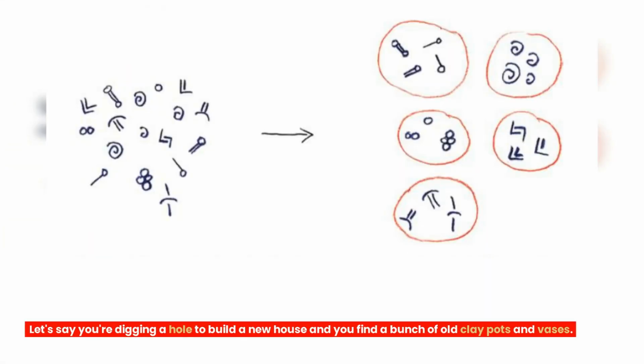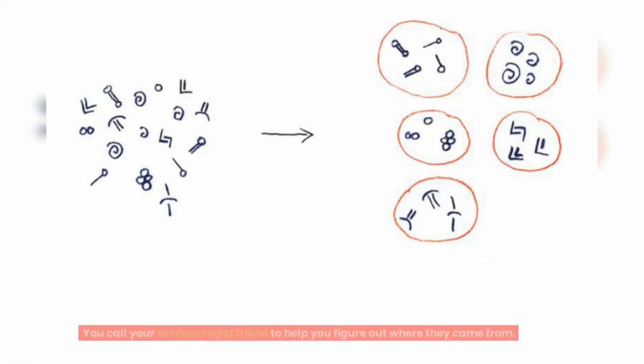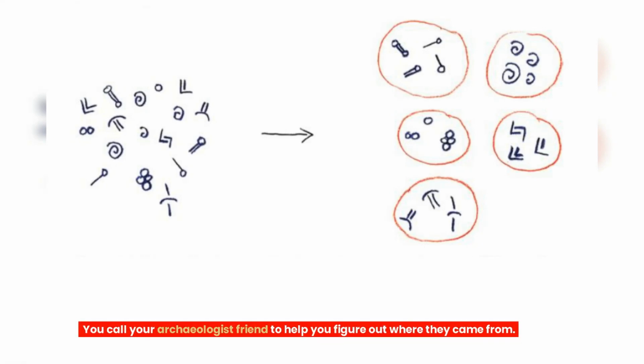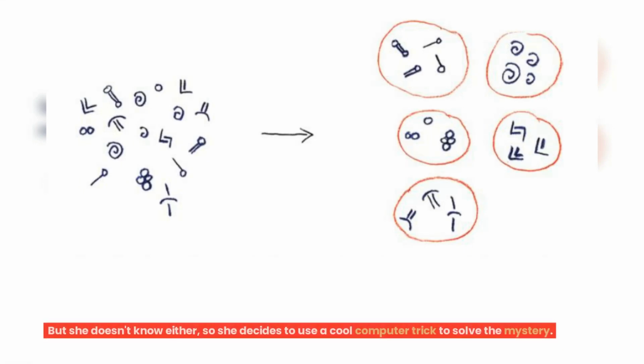Let's say you're digging a hole to build a new house and you find a bunch of old clay pots and vases. You call your archaeologist friend to help you figure out where they came from. But she doesn't know either, so she decides to use a cool computer trick to solve the mystery.